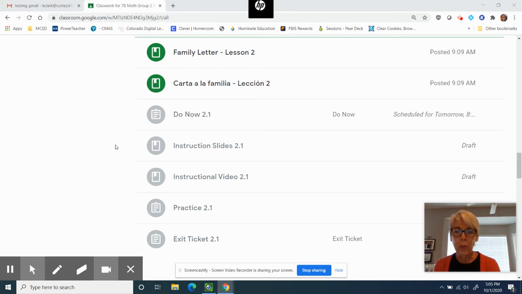So at this point, we are to the instructional video. So we're going to be doing this video together. While you're working on the video, you're going to have your Chromebook side by side with your math workbook. And we're going to be on page 33 in your workbook, the page that looks like this, with that cool weaving there on the side.